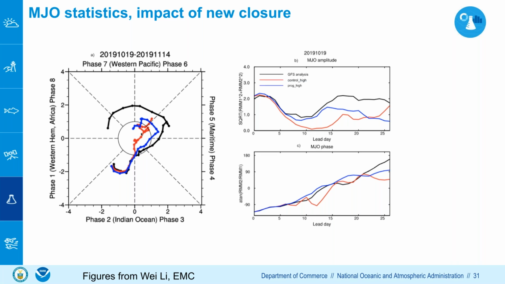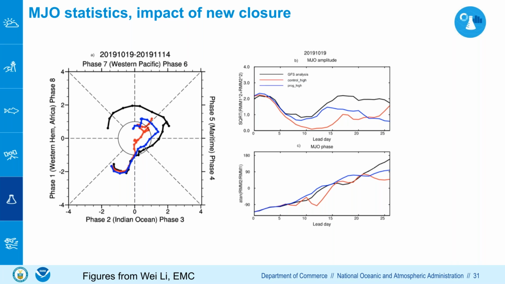So the red curve here is the GFS version 16 control, and the MJO stagnates over, I think, the Western Pacific, whereas we get somewhat better propagation using this new prognostic closure, and also the amplitude picks up better already, I'd say, after day 5, with stronger amplitude and phase.